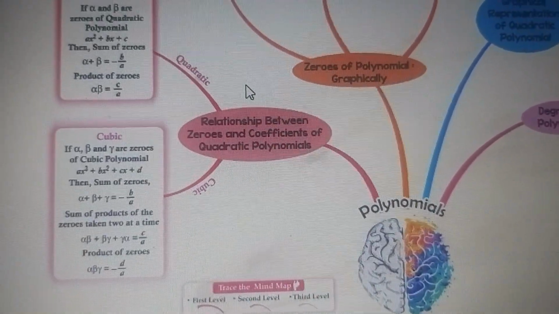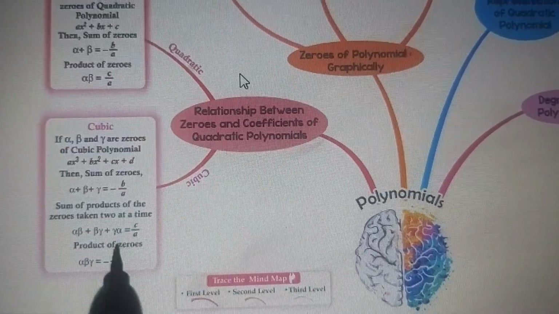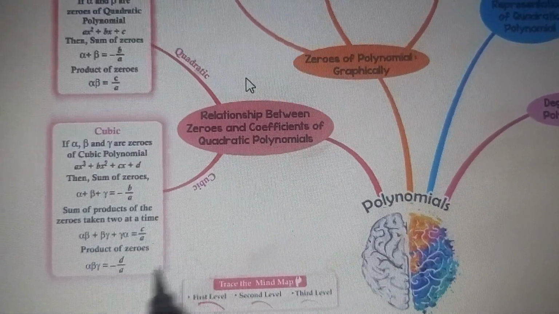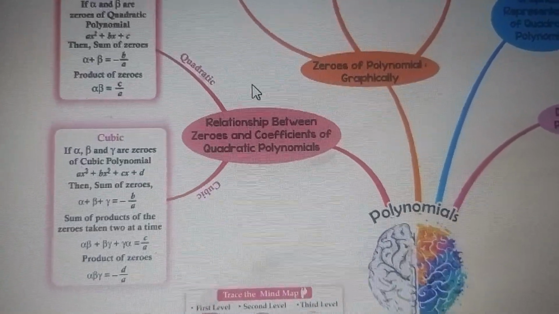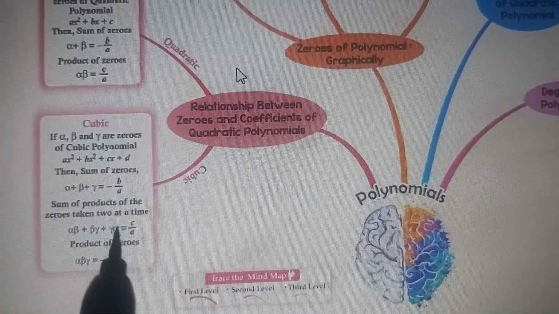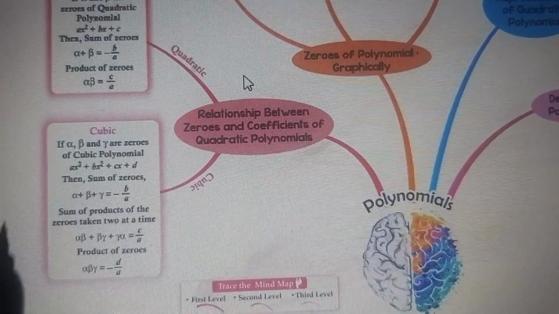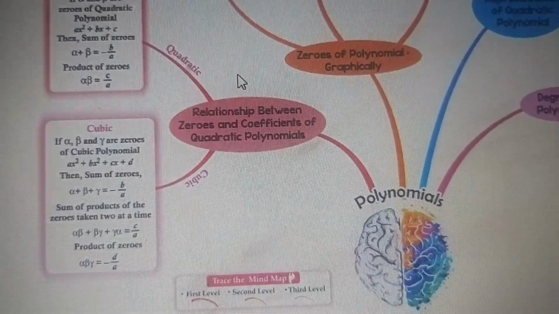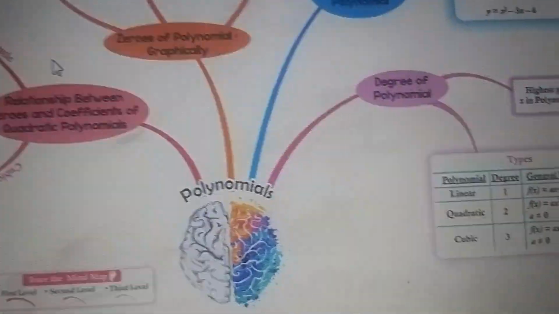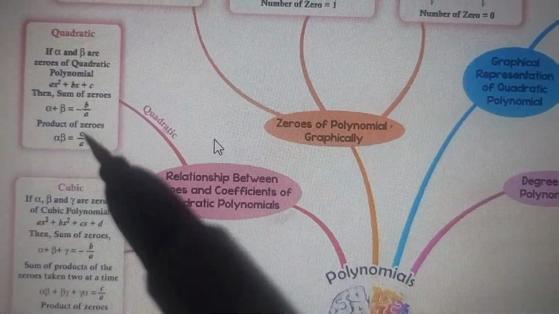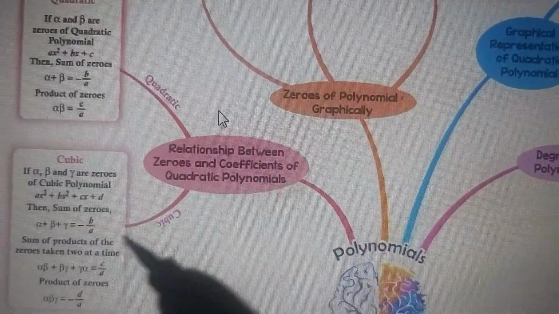Product of zeros alpha beta gamma is minus d by a, and the sum of products of the zeros taken 2 at a time, alpha beta plus beta gamma plus gamma alpha, is equal to c by a. We have to remember this for the cubic polynomial. Before going to exams, we have to remember all these formulas. Now this is the relation between the zeros and coefficients of quadratic and cubic polynomials.